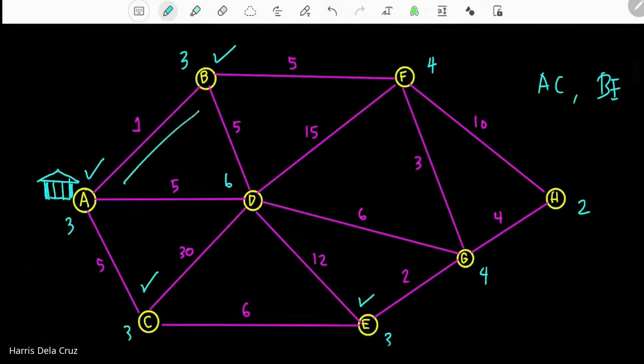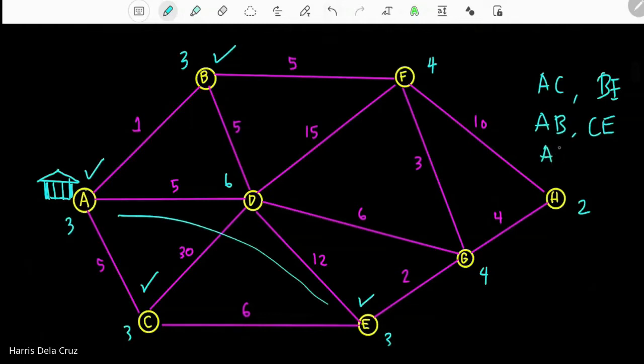If we pair AB, we're going to pair C and E. Or we can also pair A and E. If we pair A and E, we are going to pair B and C. So in total, we have 3 possible pairings: the pairing AC and BE, the pairing AB and CE, or the pairing AE and BC.